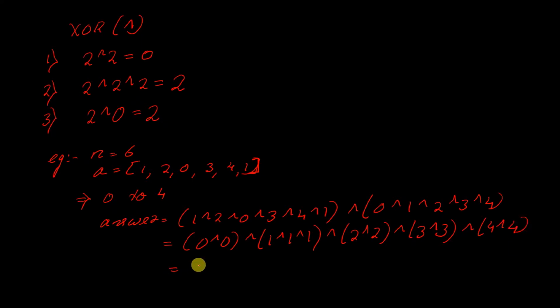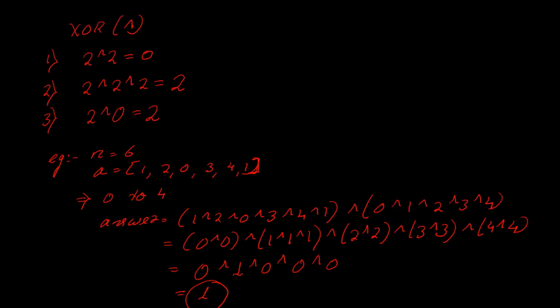So this will result into 0, this will result into 1, this will again result into 0, and these two will again result into 0. Now this becomes equal to 1, which is the element that occurs twice. The time complexity of this approach is O of n.